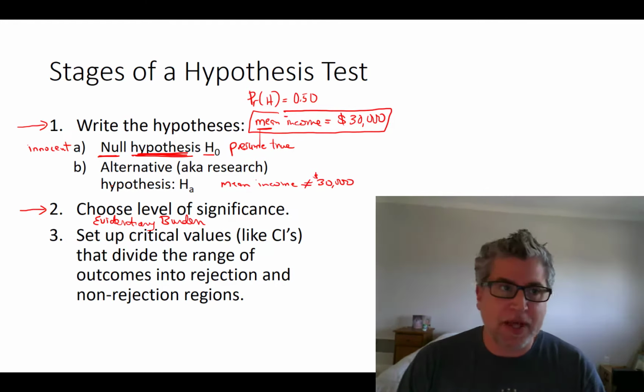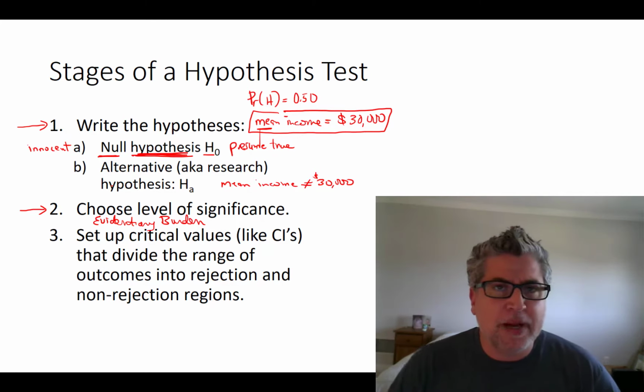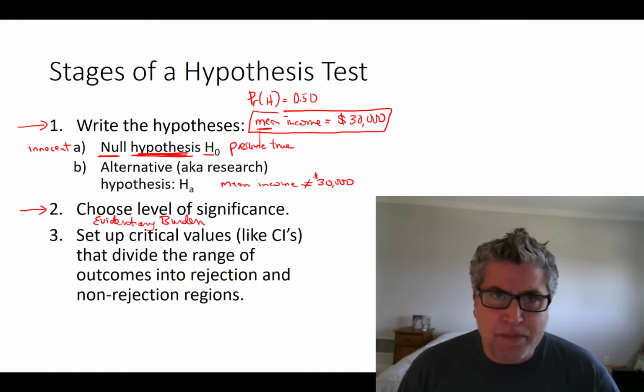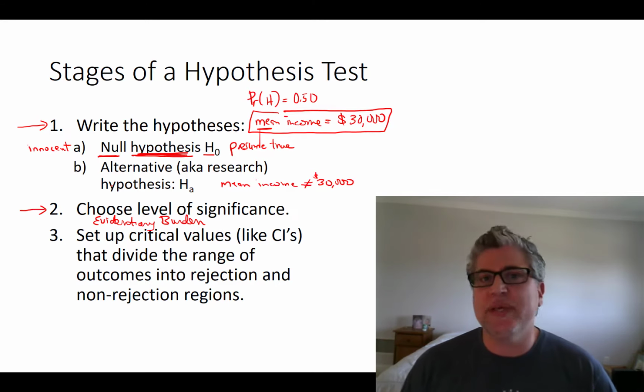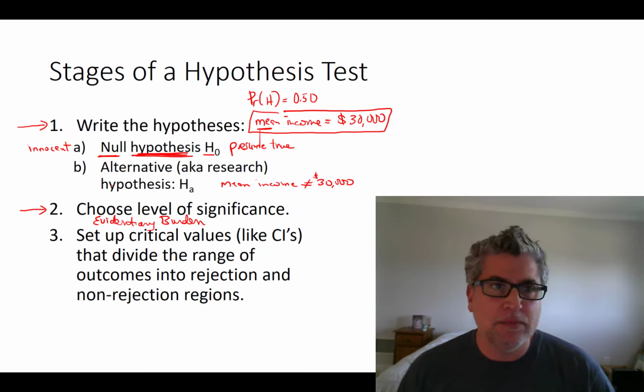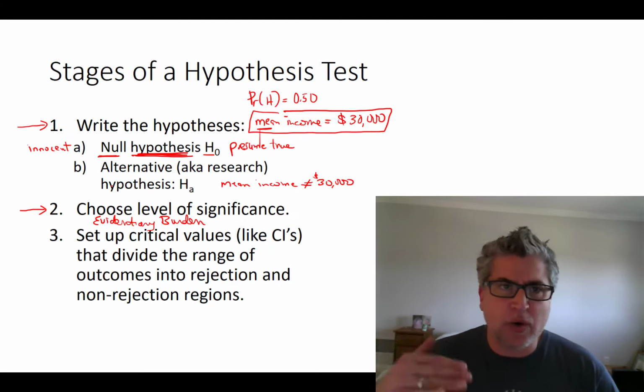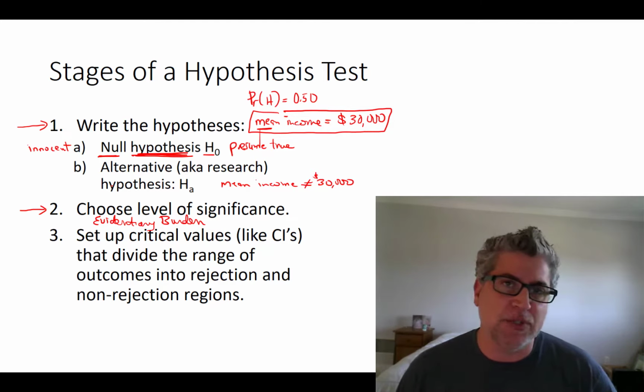judicial system, for example. It's independent of the data, but if you've got a criminal trial, then you need to make your case beyond all reasonable doubt. Right? That's the evidentiary burden in a criminal trial. In a civil trial, it's a much lower standard of evidence that you need to present.